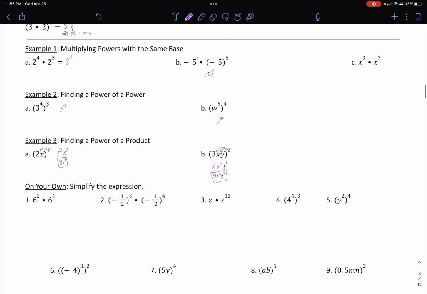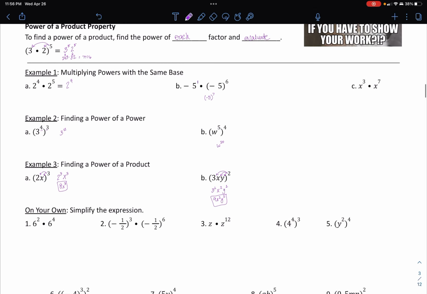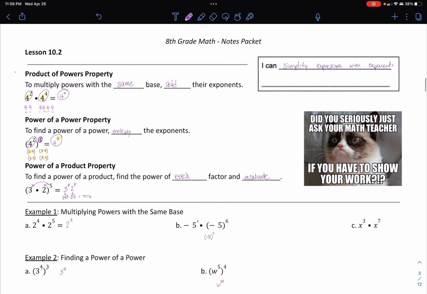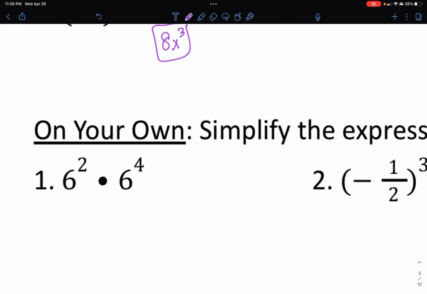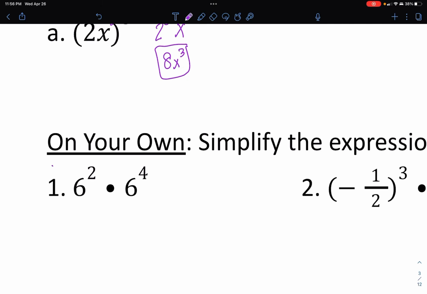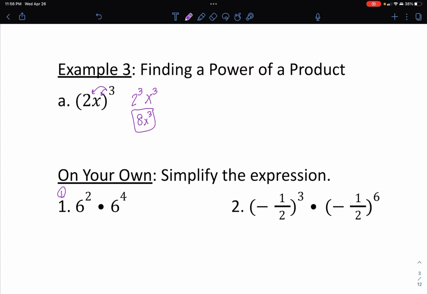Now here's what I want you to do on your own. What might be helpful is to label each rule: rule number 1, rule number 2, and rule number 3. Go through each problem on your own and label which rule it's going to follow. For example, in number 1, if you have the same base, this looks like it's going to follow rule number 1.